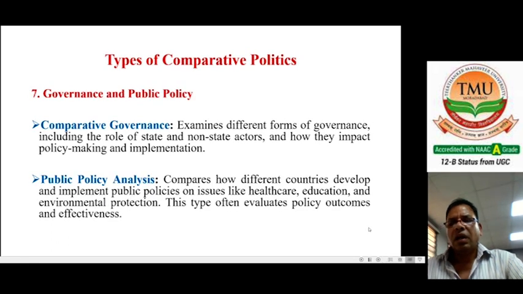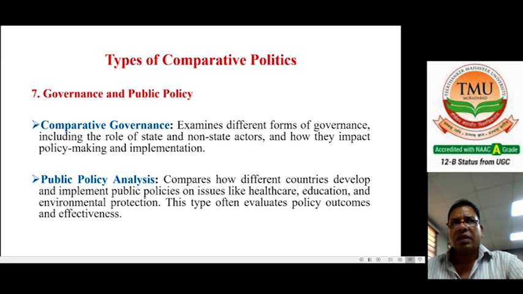Now come to the next type of comparative politics, that is governance and public policy. When we're talking about governance, governance is basically a broader term, and that means there is also participation of legitimate authority. There are chances of contributions of corporate groups.